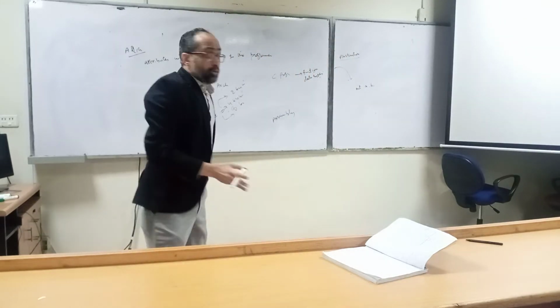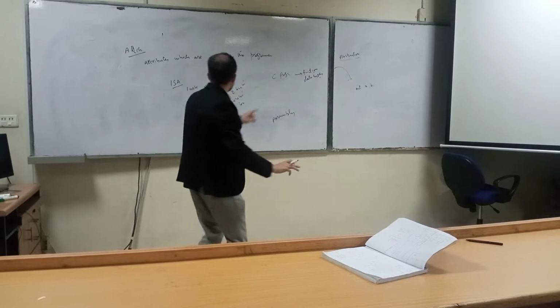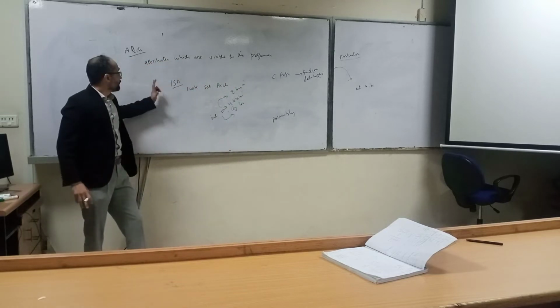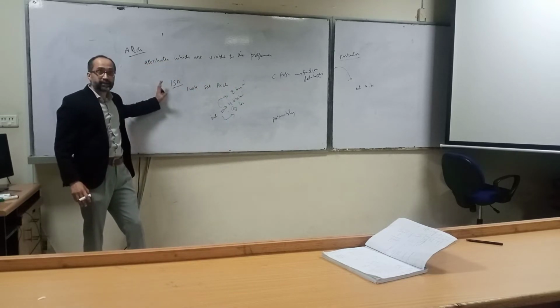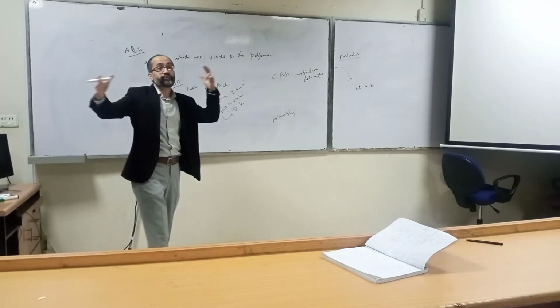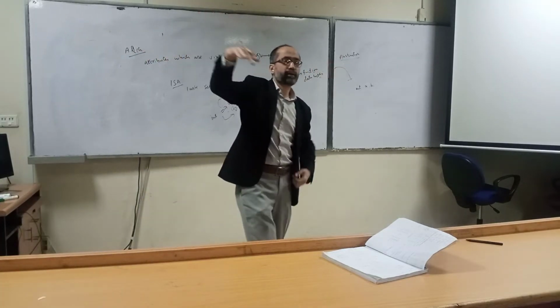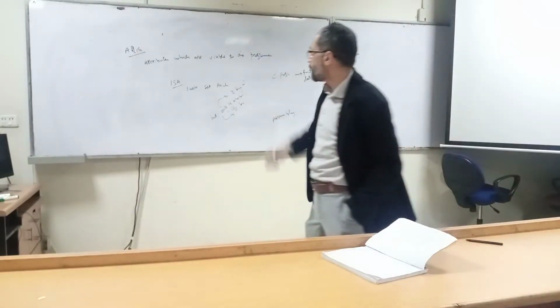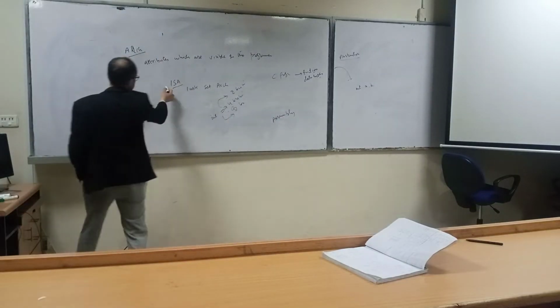So from the architecture side, as I mentioned before, there is the instruction set architecture. Each processor has a different instruction set architecture. There are RISC architectures and CISC architectures.